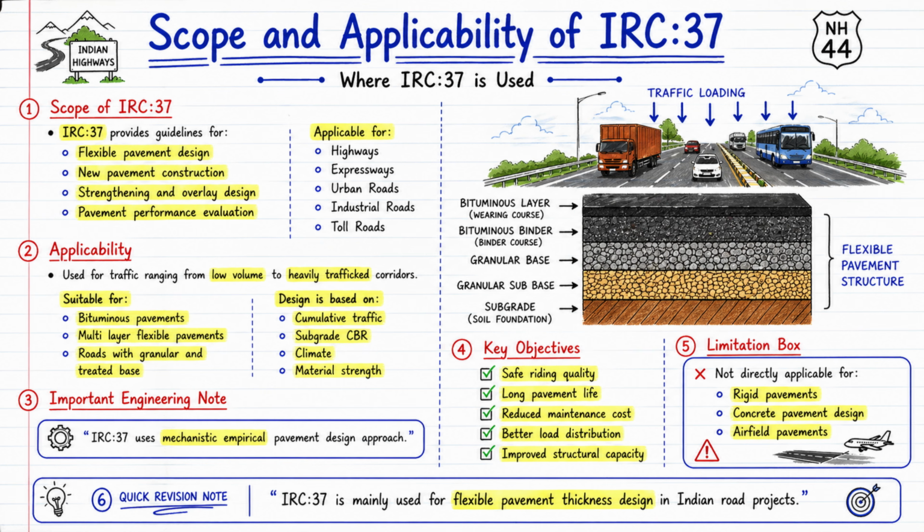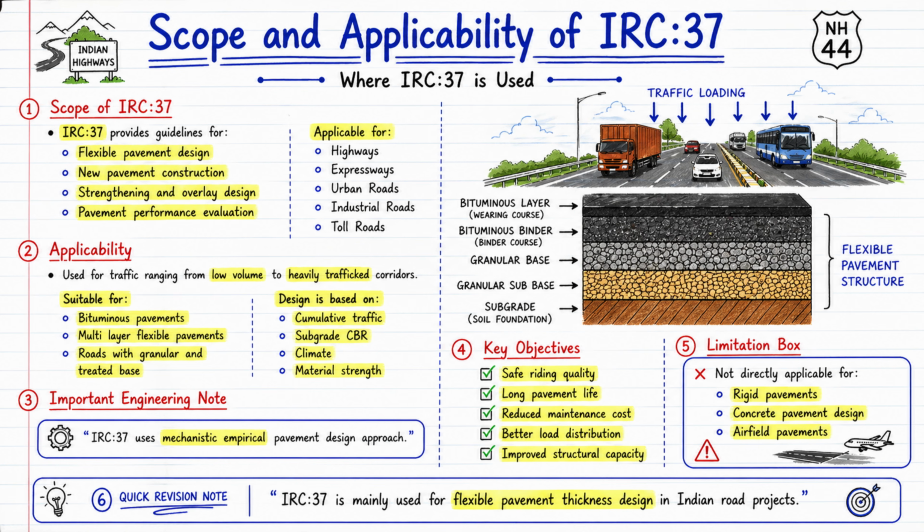Mechanistic means how the load behaves inside the pavement, how the stress will be distributed, where the strain will develop. This is scientific analysis. And empirical means field performance observations. That is theory plus field experience. And be honest, this is actual highway engineering.